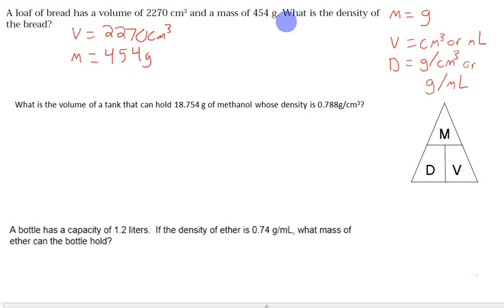What is the density? That's the key right there. It's asking you what the density is. So we will solve for density. That means I'll come to my formula triangle, cover up the D. I'm left with an M over a V. So in the calculator, this would be 454 grams divided by 2,270 cubic centimeters.